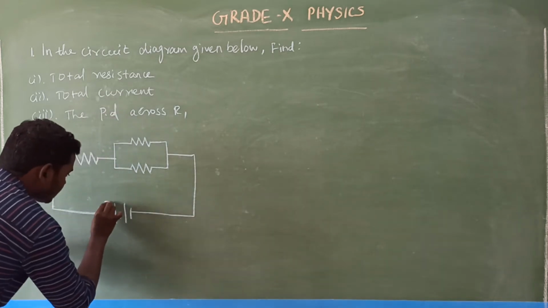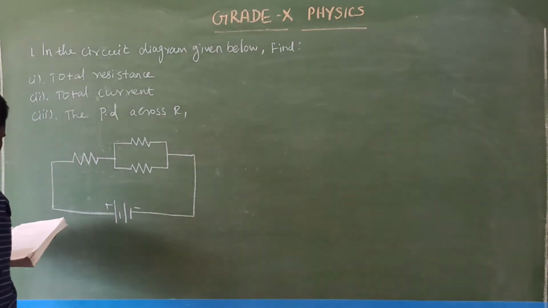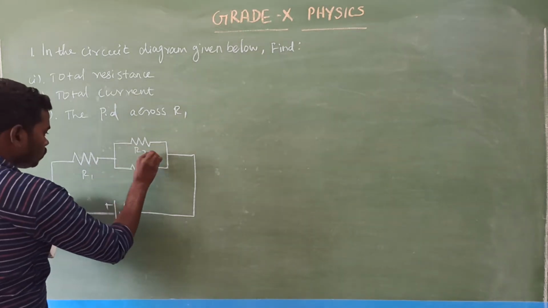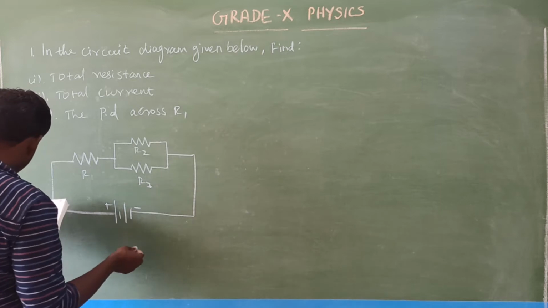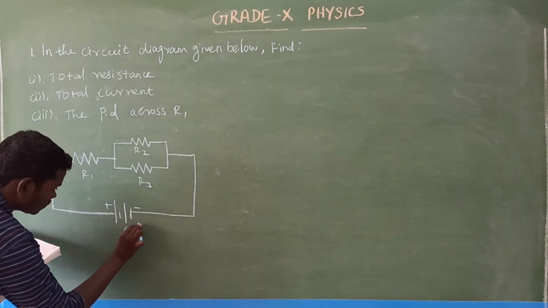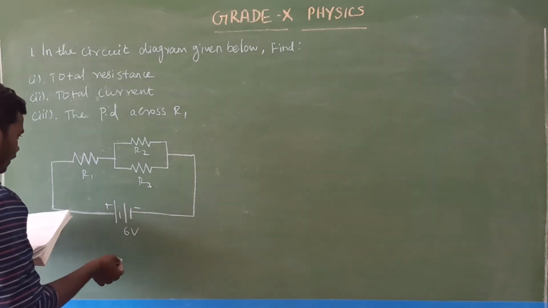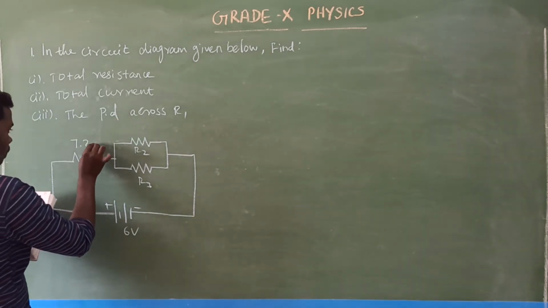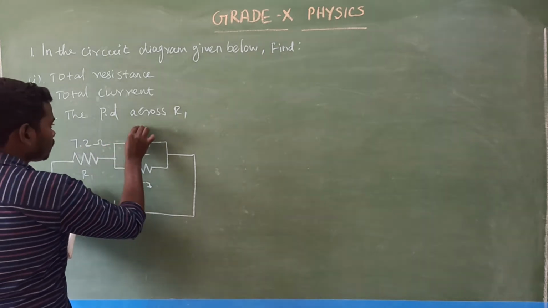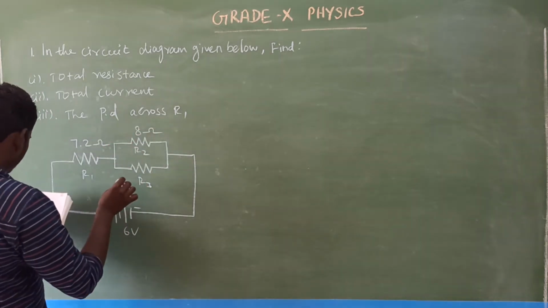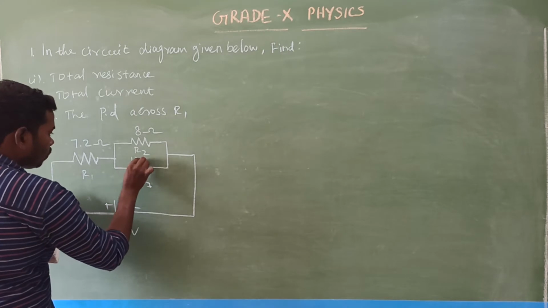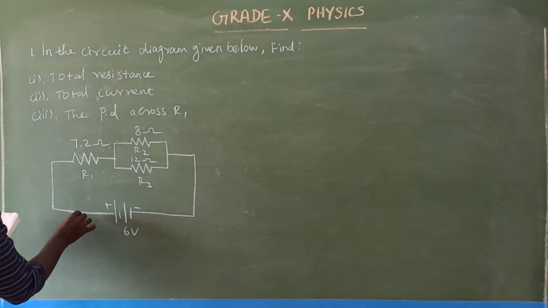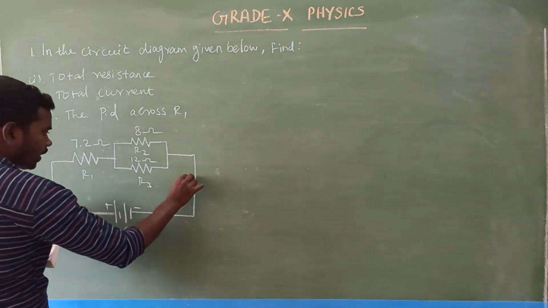What is this combination? Either series or parallel. This is resistor R1, resistor R2 and resistor R3. The 6 volt potential difference we apply. Then the first resistor value is 7.2 ohm, the second resistor is 8 ohm and the third resistor is 12 ohm. Yes. So current flows from the positive terminal to the negative terminal of the battery.